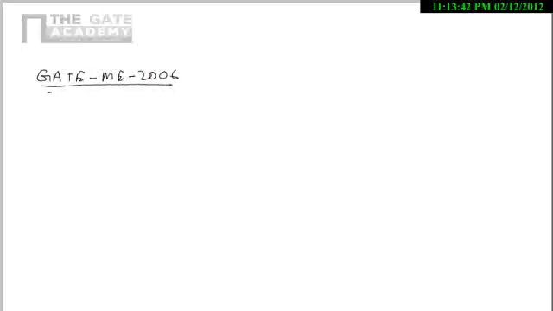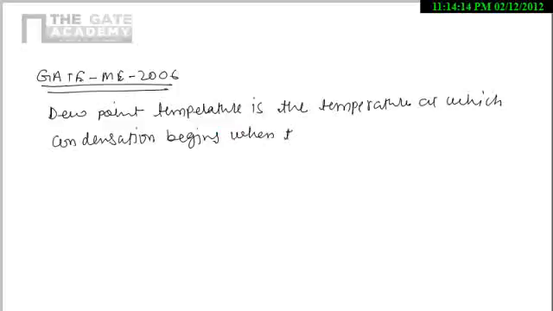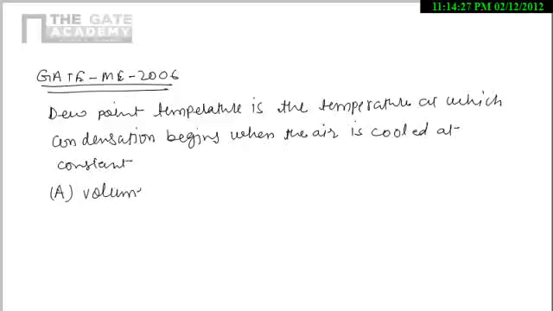So now let's take another problem which was asked in GATE ME 2006. Dew point temperature is the temperature at which condensation begins when the air is cooled at constant: A, volume; B, entropy; C, pressure; and D, enthalpy.